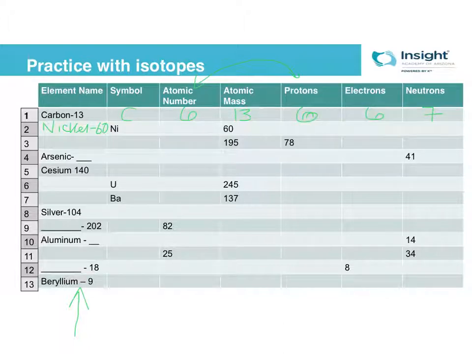Hunting down a periodic table. Nickel is atomic number 28. So my protons are 28. I have no indication that this is an ion, so my electrons are going to be the same too because we're neutral. And then my neutrons are going to be 60 minus 28, which is going to be 32.